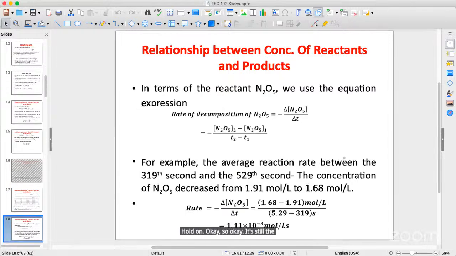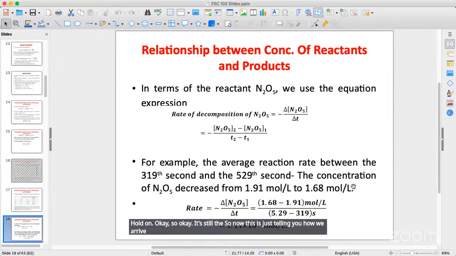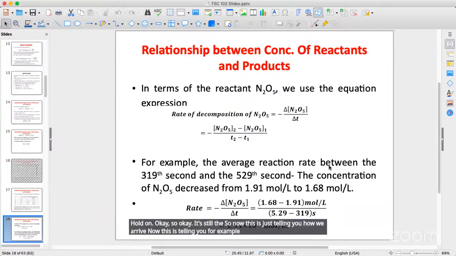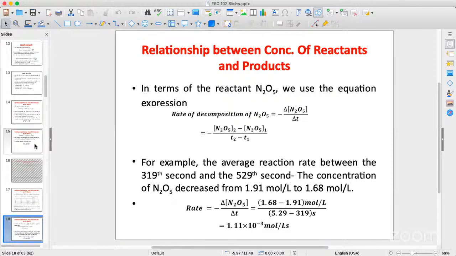So now this is just telling you how we arrive at those. This is telling you, for example, the average reaction rate between 319 seconds and 529 seconds, the decomposition of N2 decreased from 1.91 to 1.68.